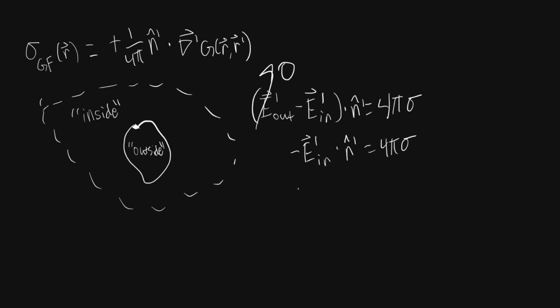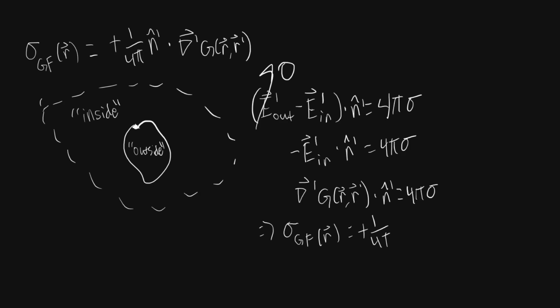So when we take this and plug it in here, the gradient of the Green's function dotted with the normal vector is equal to 4 pi sigma, which implies that sigma is going to be equal to plus, or sorry, not plus or minus, plus 1 over 4 pi times this n prime normal unit vector dotted with the gradient of our Green's function.